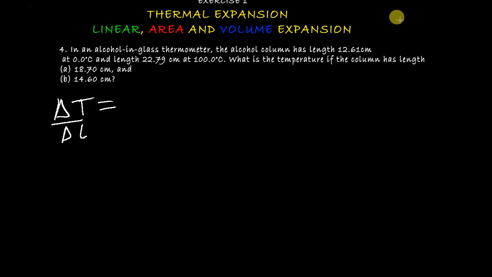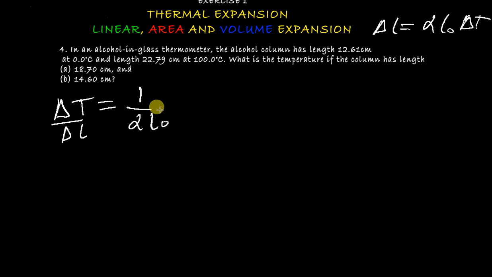Okay, we know the formula: the change in L is equal to alpha L naught change in temperature. So when we divide the change in L on both sides, you get something like 1 over alpha L naught. But remember, this is a constant because alpha is a constant, which is the coefficient of linear expansion.